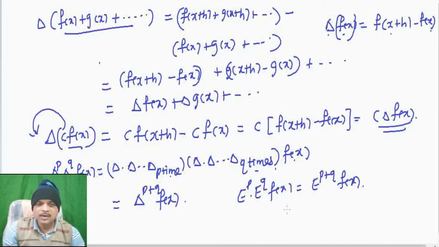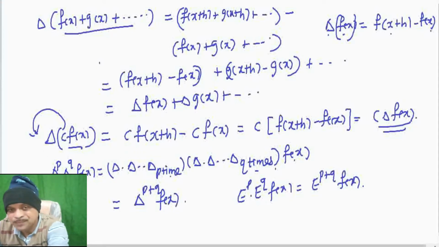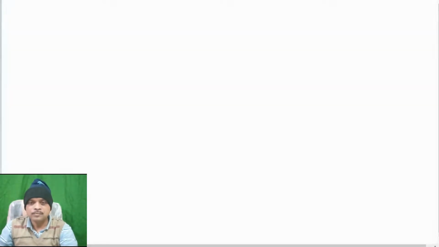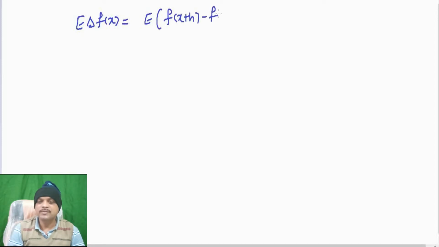Now another result, let us see about the operators E and delta. Let me calculate E into delta of f of x, equal to E of delta f of x. This is E of f of x plus h minus f of x, equal to E of f of x plus h minus E of f of x, equal to f of x plus 2h minus f of x plus h.